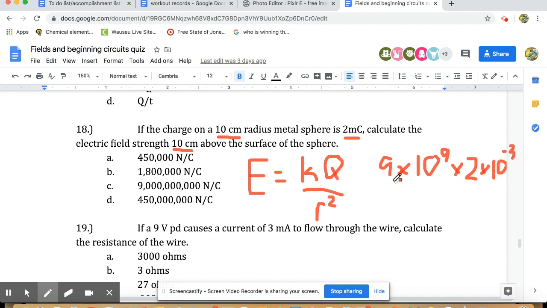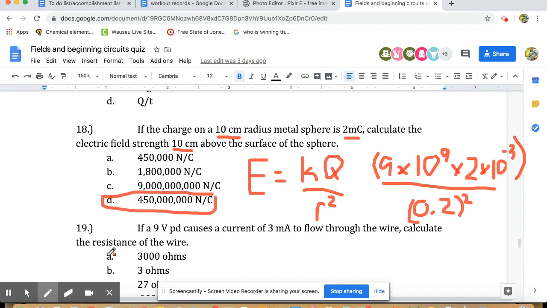And we're dividing that by r, where we have to add these two distances together, which would be 0.2 if we convert to meters. But that r is squared. So it's a good thing to make sure you have parentheses around the top and the bottom, and you will get a number of 453 million newtons per coulomb.